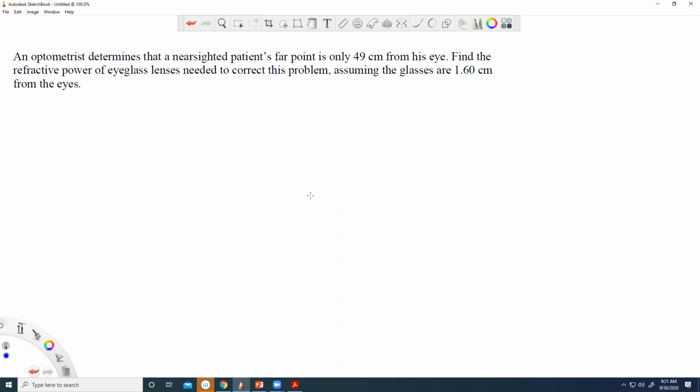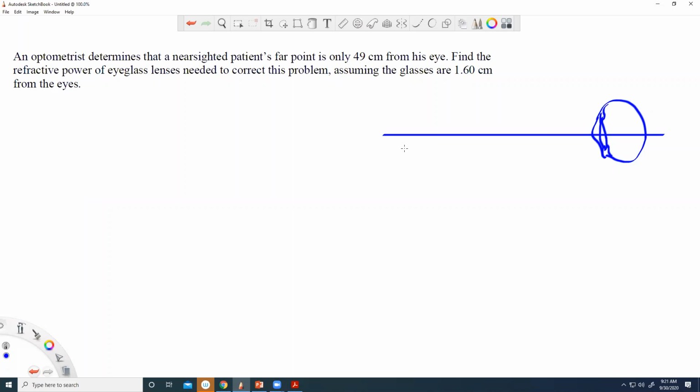So let's first see the problem here. So you have this eye, okay? And it has a lens, okay? Now usually in normal circumstance, the far point is at infinity. You can look at objects at infinity very clearly if you have normal eye vision.